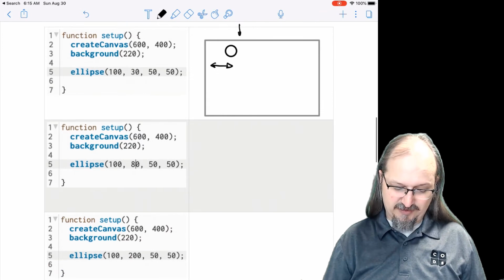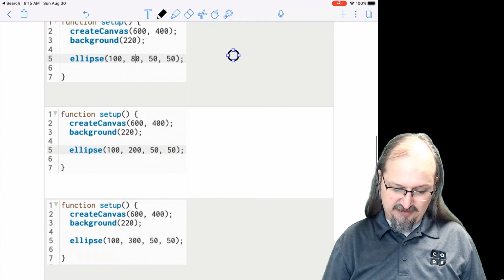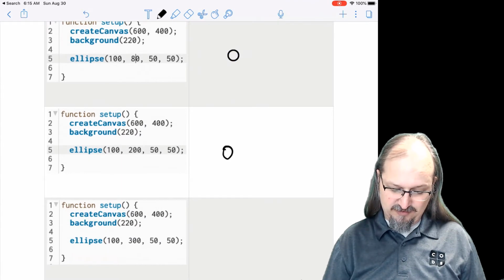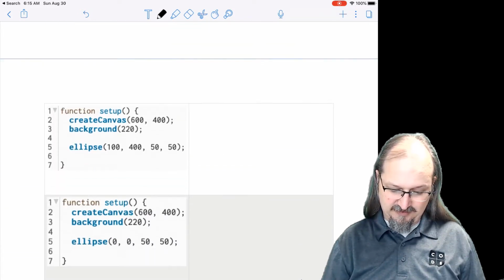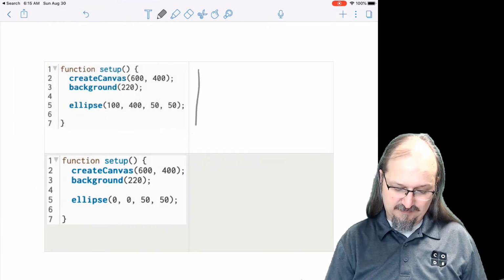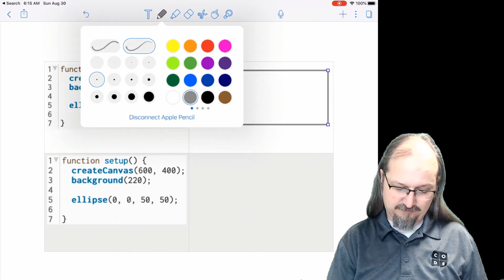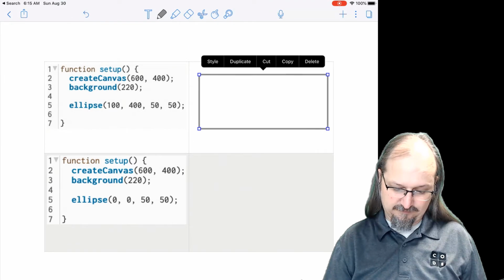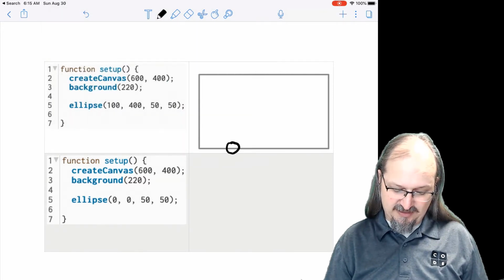And then the next one moves it down a bit more. And then the next one moves it down a bit more. And then the next one puts it down much closer to the bottom. And then the last one puts it smack dab on the bottom.